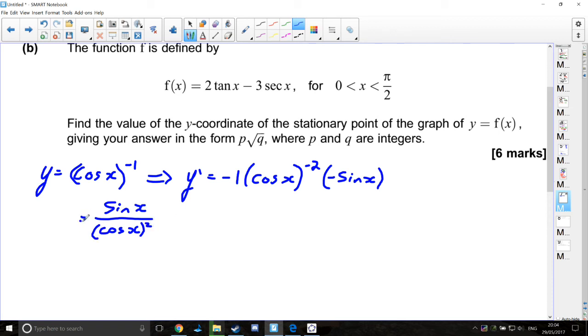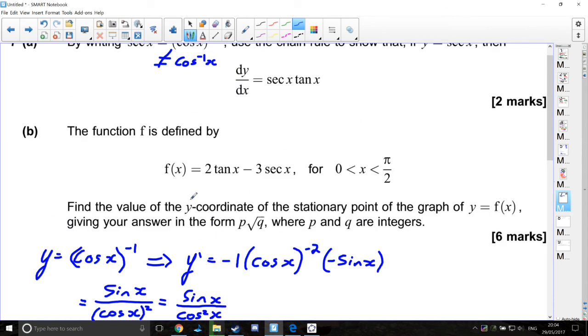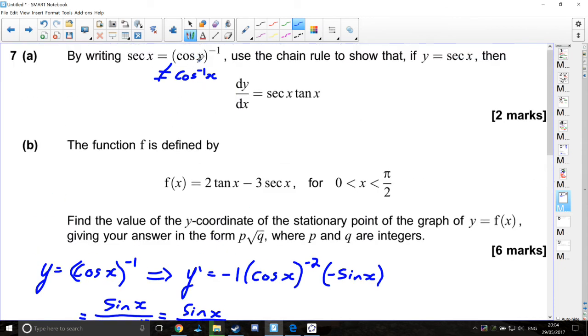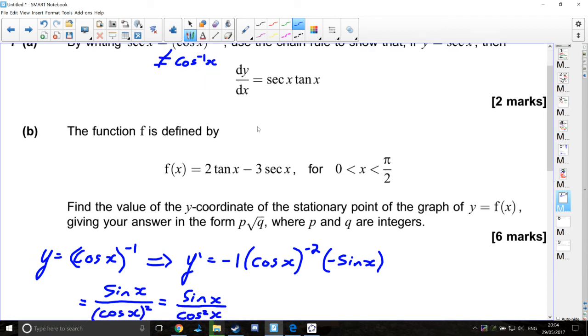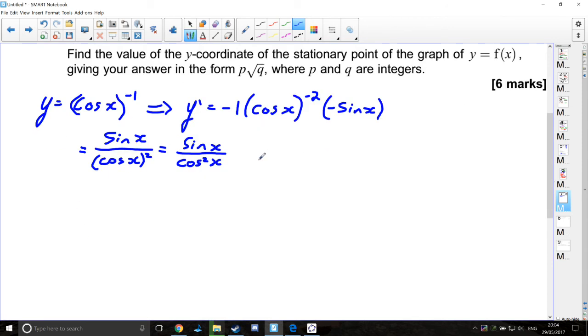Now, confusingly enough, (cos x) all squared is the same as cos squared x, which is really annoying in a lot of ways, because I just said that that wasn't true for this up here. But this is just some mathematical historical mess up of the most grand kind.